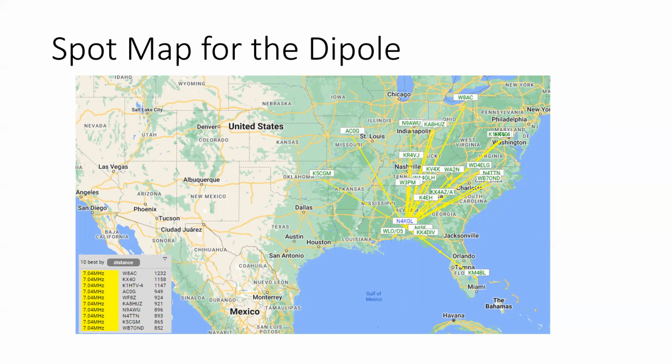That N4KGL that you see is the transmitter. There's a little bit of play in the distances and everything because they just assume you're at the center of a 4-digit grid square. But anyway, you can see in Florida, KK4DIV received a spot or made a spot of the beacon.